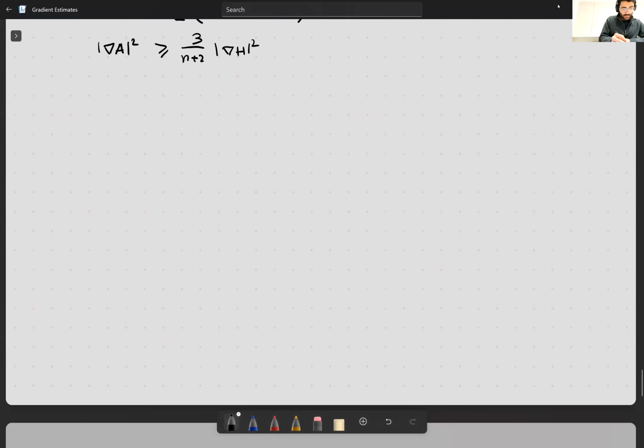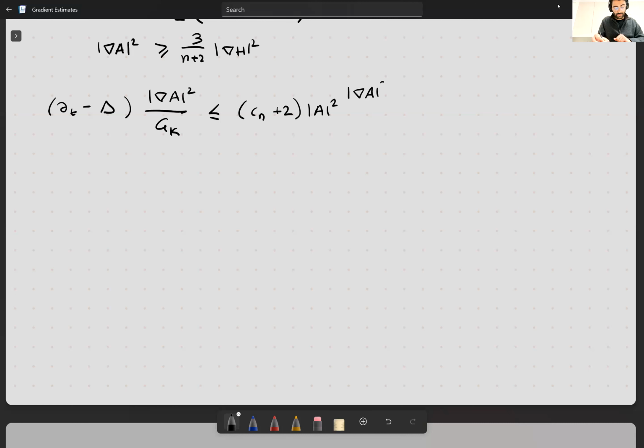We saw that partial t minus Laplacian of the derivative of a squared divided by gk is less than or equal to cn plus 2 a squared derivative of a squared gk minus 2kn plus 2 on 3 derivative of a to the power of 4 gk squared plus higher derivative terms, which are not very good.